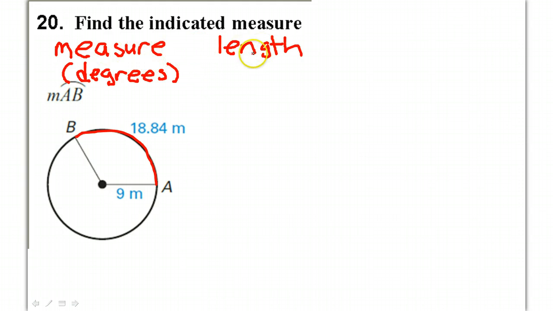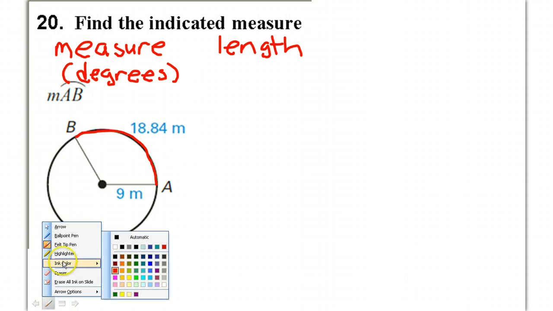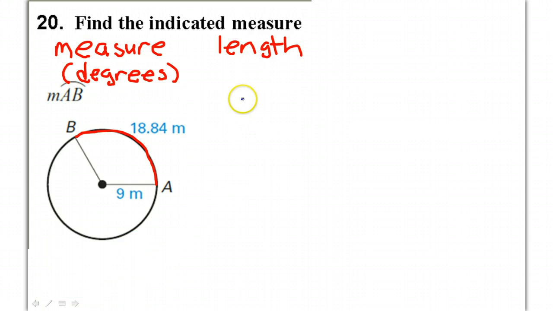Which one of these two things are we given? When we see this 18.84, are we given the measure or are we given the length? It's probably clear to you that we are given the length. The length is 18.84 meters.